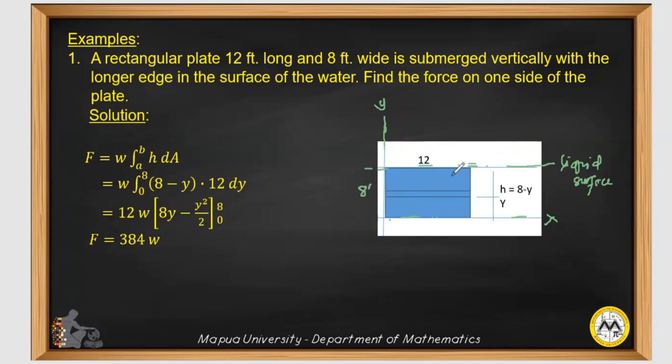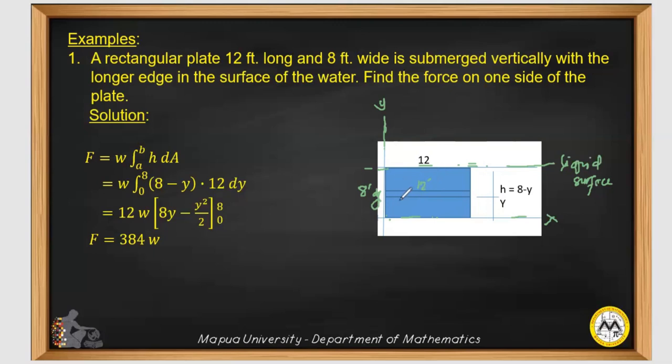And if we divide the rectangular plate into rectangles and consider the representative element, this is the typical representative element, then the thickness of the element is dy, and the length is equal to 12 feet.